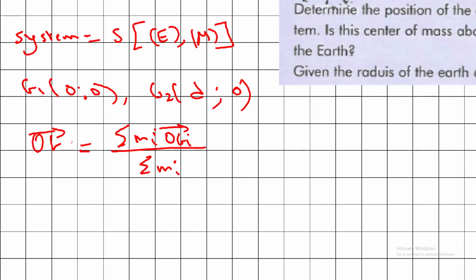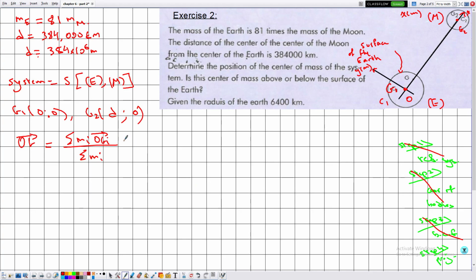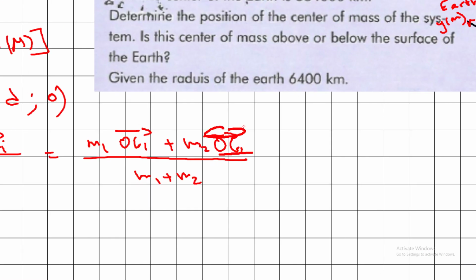Here, what does i represent? i is the number of objects we have, which is given by 1 and 2. Then the index i will run from 1 to 2. So it's given by M1 OG1 plus M2 OG2 divided by M1 plus M2. Notice that this vector is only for OG2 and not for M2.